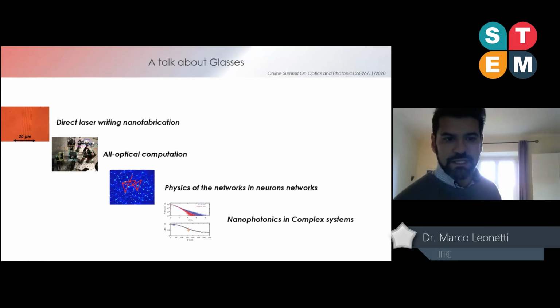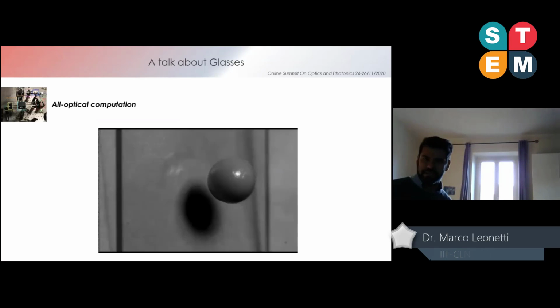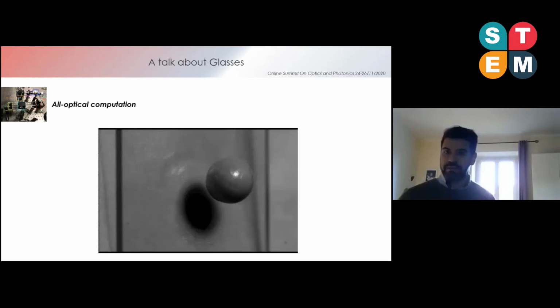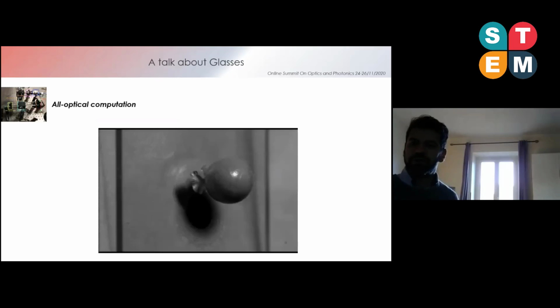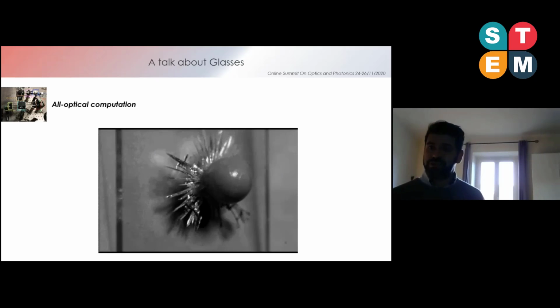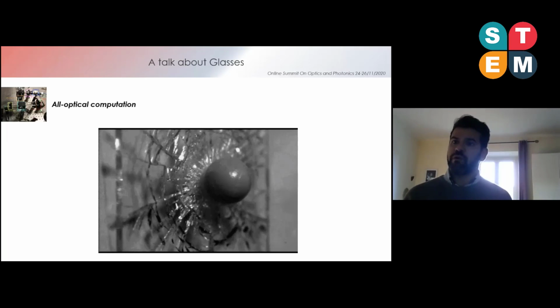So the talk is about all-optical computation, and in particular it is a talk about glass, because we are going to simulate glass dynamics. We all know that glass is a solid system which has, at a microscopic level, disorder in the location of atoms.